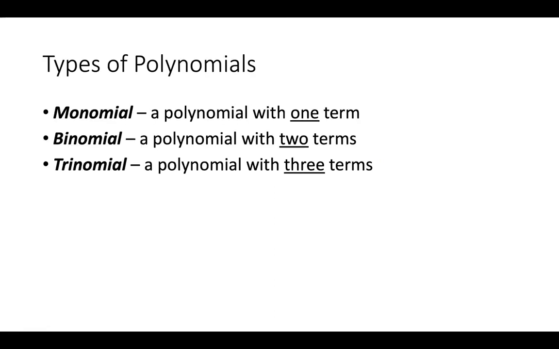All right, any polynomial that has more than three terms generally doesn't go by a special name. There is such a thing as a quadrinomial, but nobody uses that term anymore. Even though the prefix poly in English means many, a polynomial does not have to have many terms. It just has to have at least one.